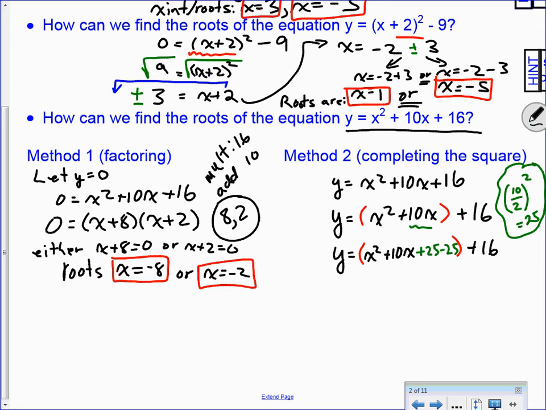plus 16. Now, we're going to remove this 25 and we're going to move it outside of our bracket because it is the most offensive thing in there. And we end up with y is equal to bracket x squared plus 10x plus 25, plus 16, plus the garbage that's been taken out.